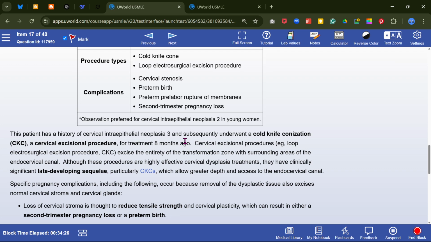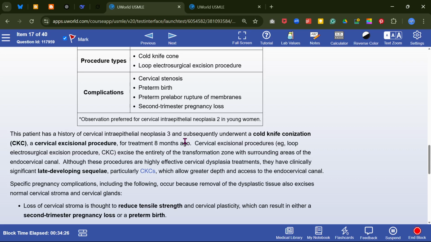Although these procedures are highly effective cervical dysplasia treatments, they have clinically significant late-developing sequelae, particularly CKC, which allows greater depth and access to the endocervical canal.